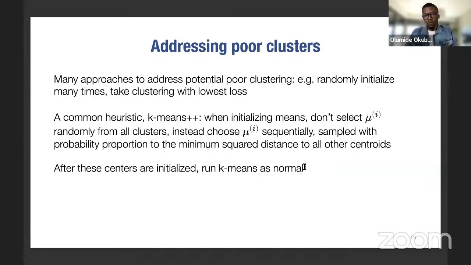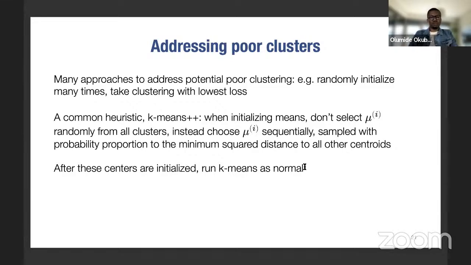Basically, I need k, and let's assume here that k is equal to 3. I randomly select my first centroid, my first center. Now I need to pick 2 and 3, and I'm not just going to randomly pick them.